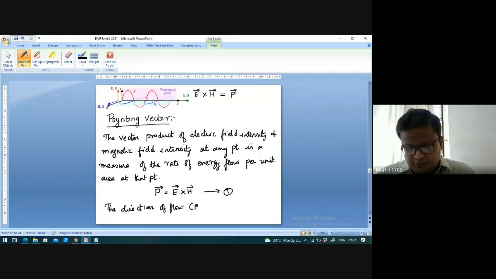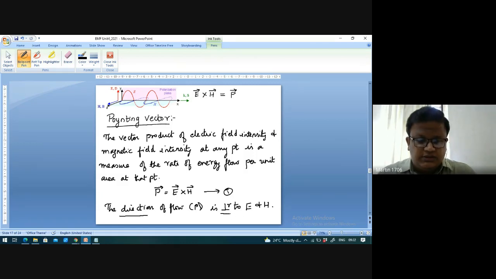The flow P is perpendicular to E and H. So in an MCQ it may be asked like this, either the direction they may ask, or else perpendicular. I have given a symbol, but you have to write it in a word, a single word. So either the direction you should know, or else perpendicular you should know.